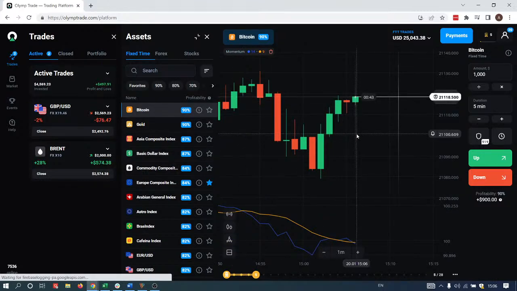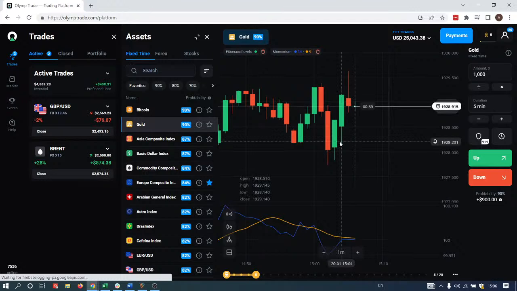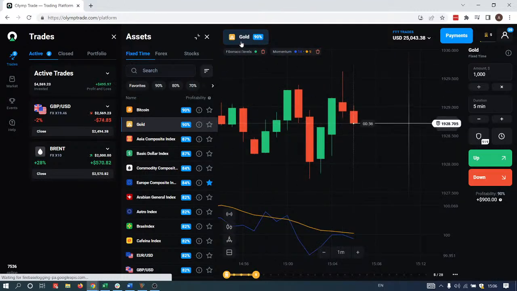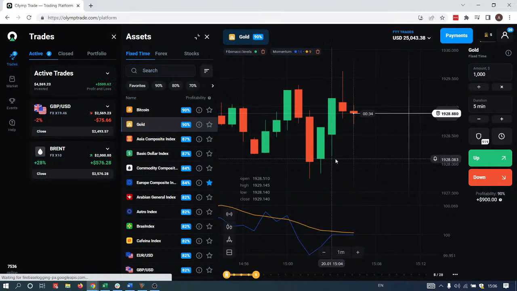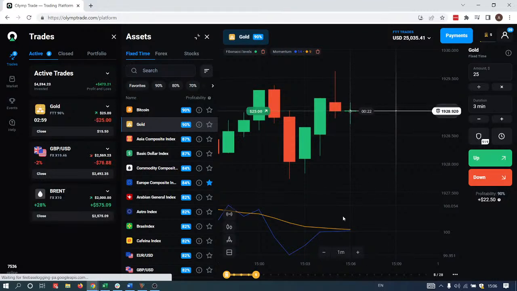Okay, so let me go ahead and find, yes. So let's have a quick look at gold. On this chart, we can see that we are about to observe a moment when, yes, see, the blue line has just crossed the orange line. It was fluctuating before because the current candlestick has not been finalized yet.